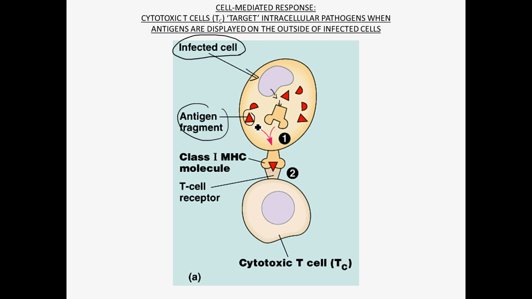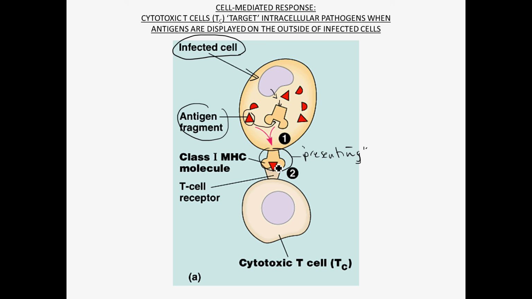And again, the antigen binds with this MHC, and then this infected cell presents. So now this is a presenting act right here. It's presenting the antigen to the immune system and saying, hey, look at me, I'm infected over here.